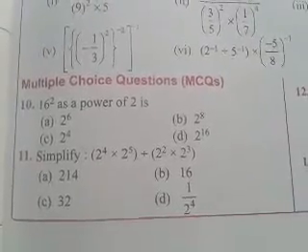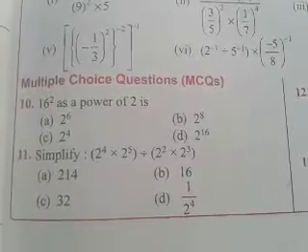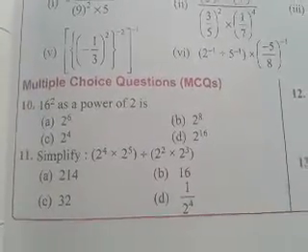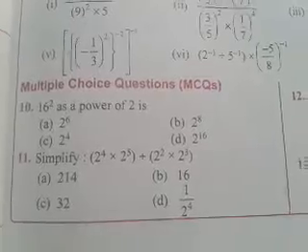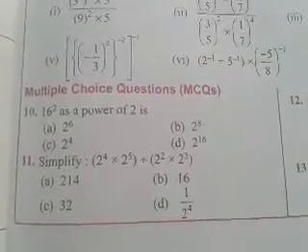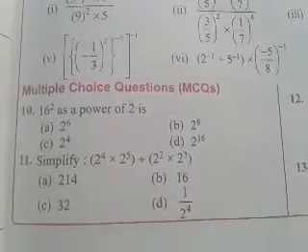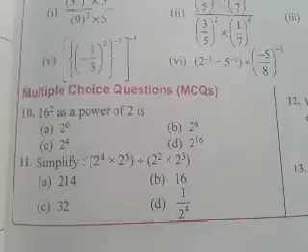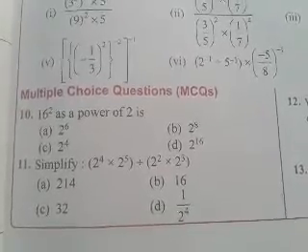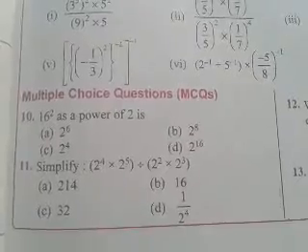16 raised to the power 2 as a power of 2 is, means how can we write 16 raised to the power 2 in power form having base 2? There are four options given.